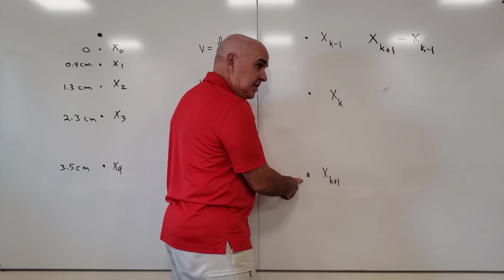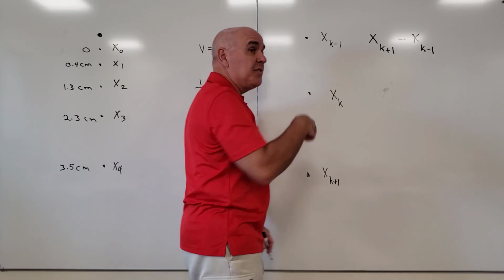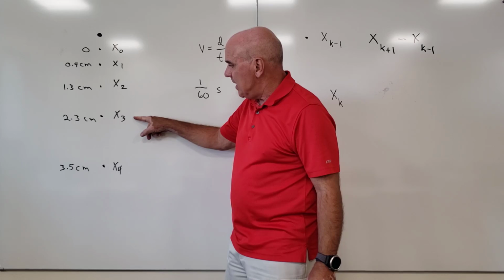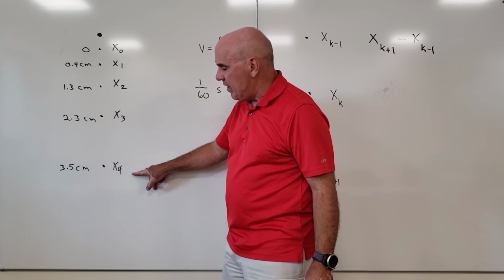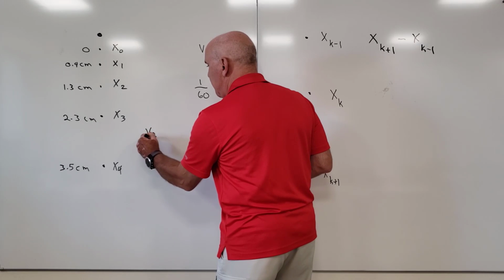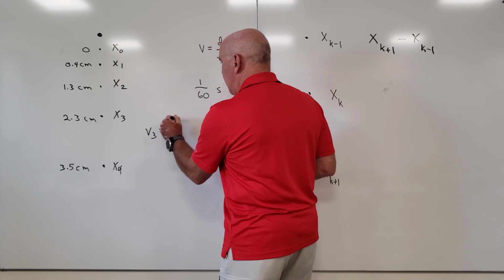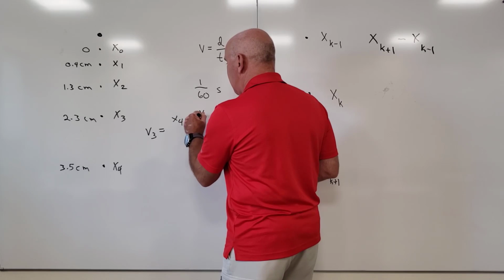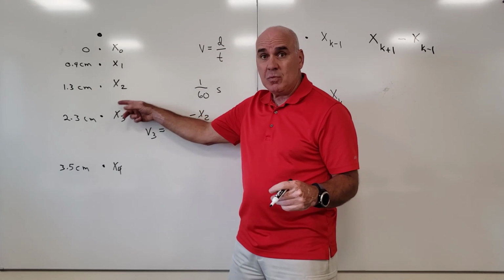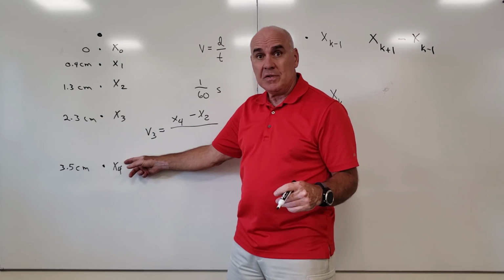Right? This is going to be at some distance, this is going to be at a different distance, smaller. So for example, if I wanted to know the velocity at x3, I would take 3.5 centimeters. So let me label this V3. This is going to equal x4 minus x2 over the time interval. Now keep in mind the time interval here is 1/60th, but then there's another 1/60th, right?